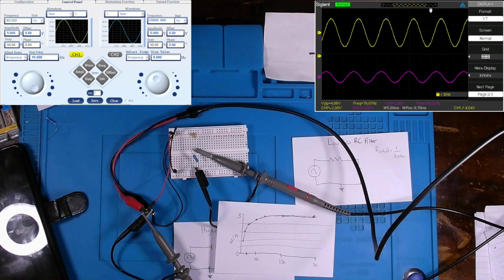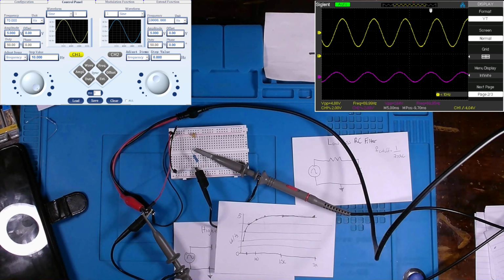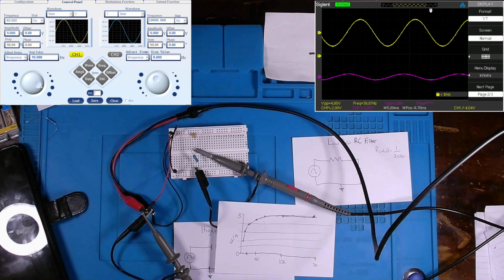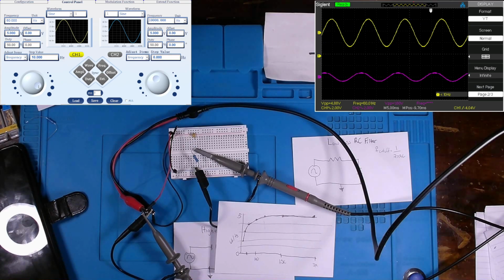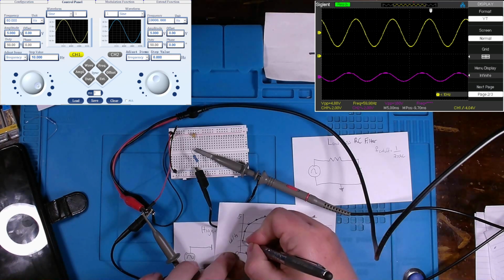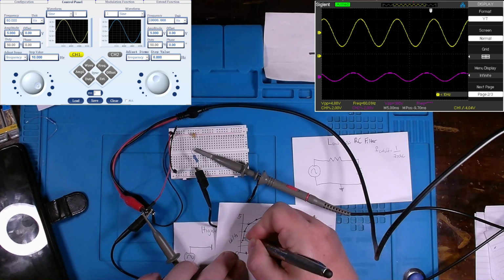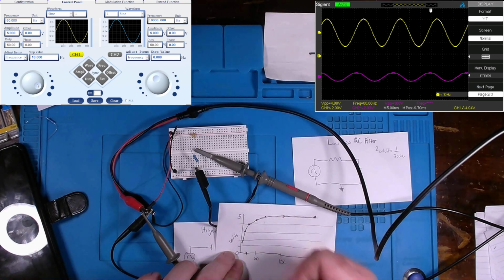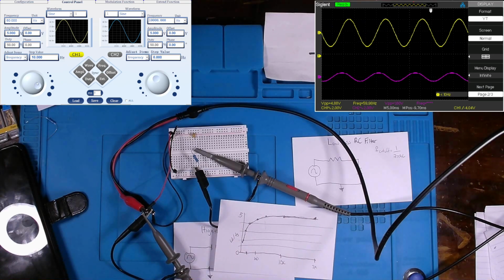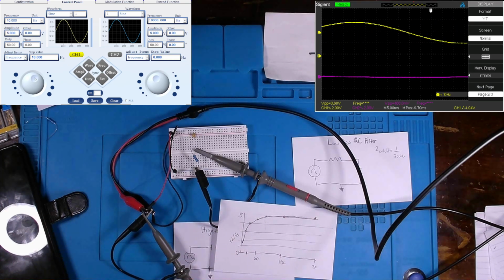Let's get down to 60. We're at 1.6, so just below 2. Well, you can see now how that amplitude is definitely dropping pretty quickly. And what if we get down to 10?